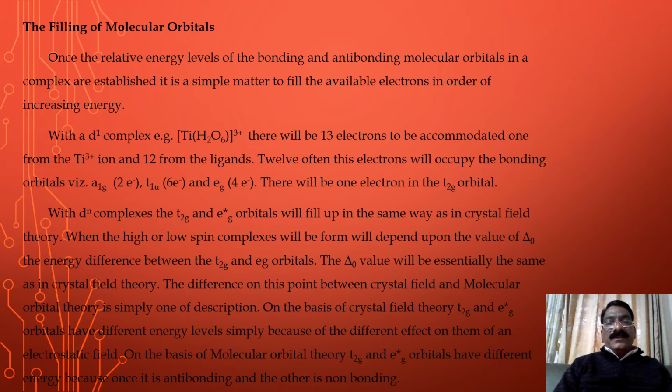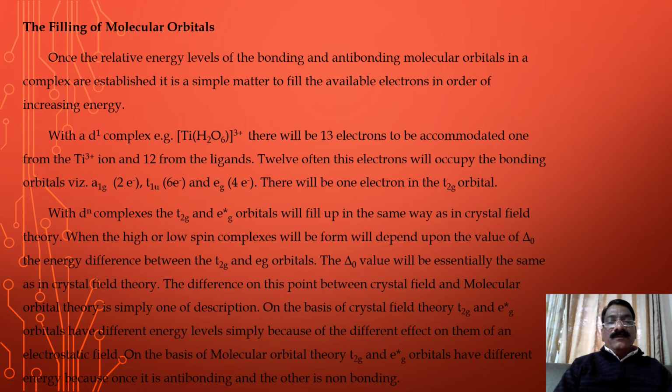The difference on this point between crystal field and molecular orbital theory is simply one of description. On the basis of crystal field theory, t2g and eg* orbitals have different energy levels simply because of the different effect on them of an electrostatic field.